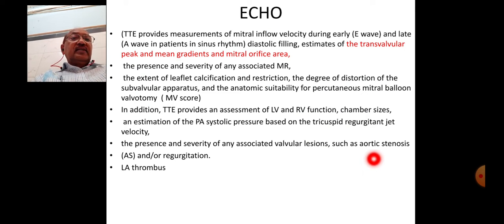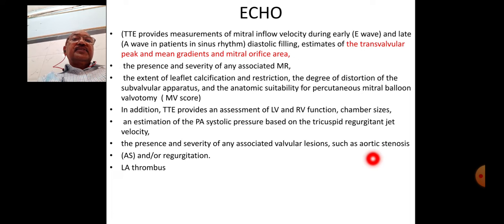Echo is the hallmark which will diagnose mitral stenosis. TTE provides measurement of mitral inflow velocity during the early E wave and the late A wave in patients in sinus rhythm, diastolic filling, estimates of transvalvular peak and mean gradient, and mitral valve area.